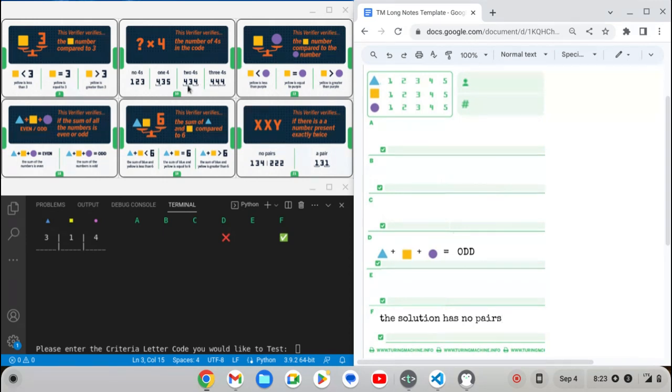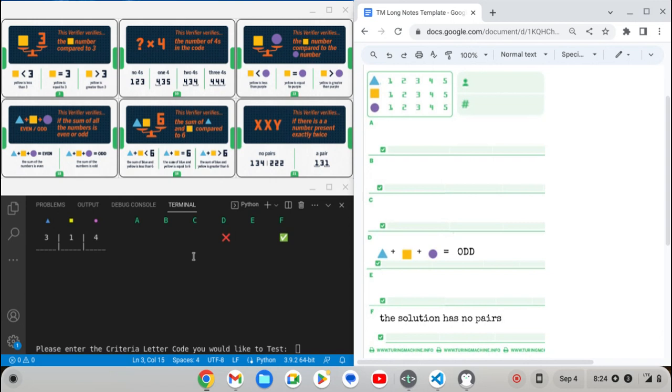There could be 2 4s, or a single 4, or no 4s. So it may be a bit of a risk, but what I'm thinking is that if there's at least 1 4, I know that one of the other digits has to be a 2, because remember, one of the scenarios is that if you have 2 evens and an odd, that sum total would be odd.